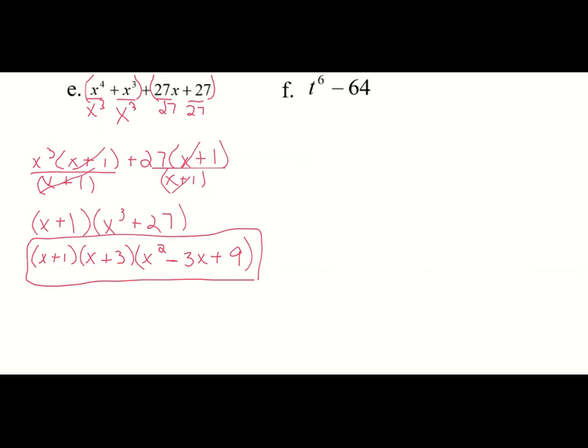And then when we look at f, first I see subtraction in 2 terms. So I am going to check for difference of perfect squares. And I know that 64 is a perfect square, and t to the 6th power is also a perfect square. So I can go ahead and factor this as, if I do my difference of perfect squares, the square root of t to the 6th power is going to be t to the 3rd power.